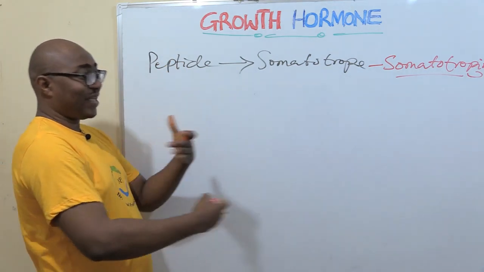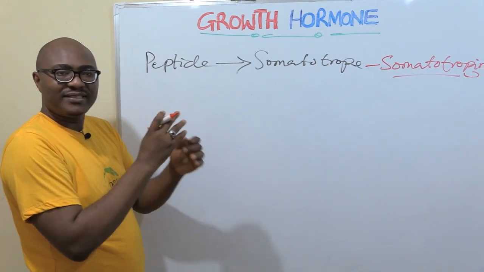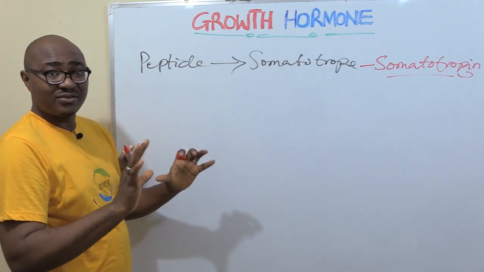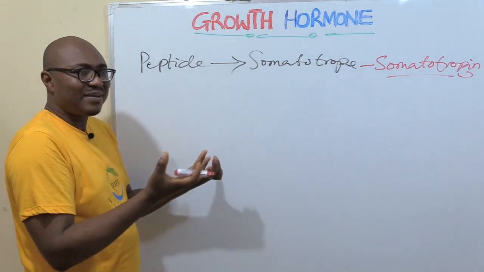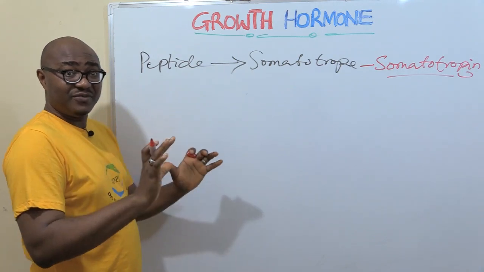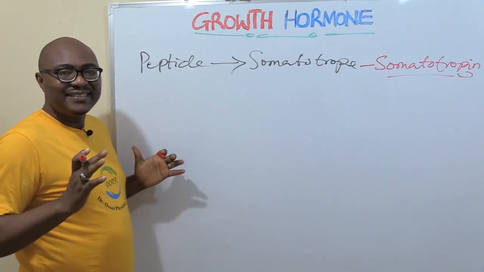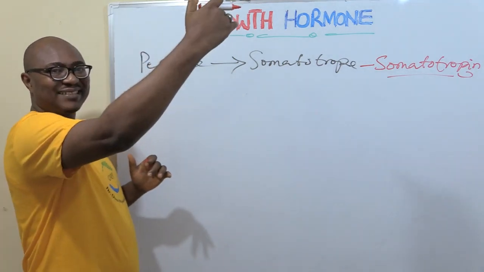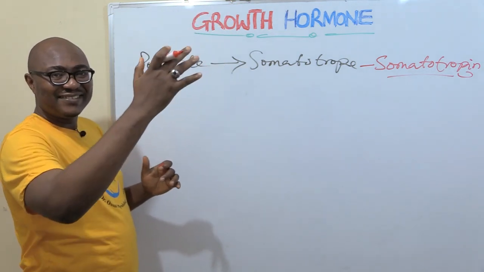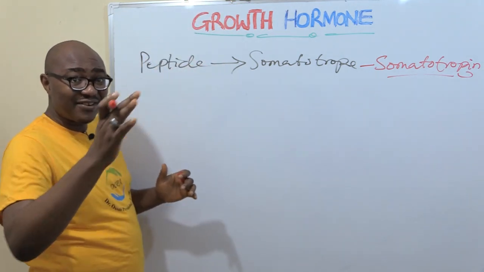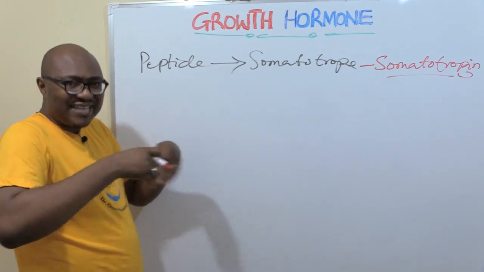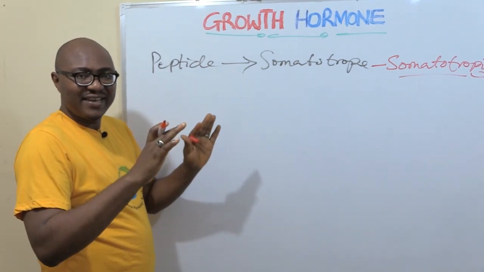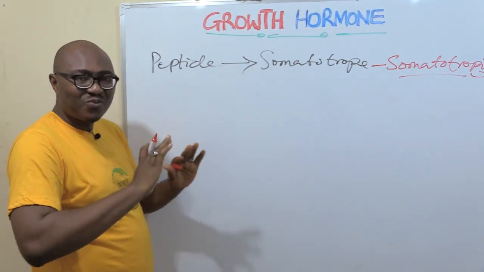After that, it's stored in secretory vesicles. These are the things you mention when discussing such a hormone. Because it's a peptide hormone, it is stored in secretory vesicles, and when stimulated from the hypothalamus by growth hormone releasing hormone, GHRH, it uses exocytosis to secrete it. And being a peptide hormone, it is water soluble.